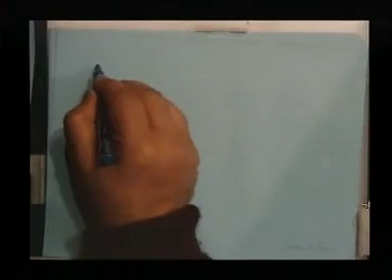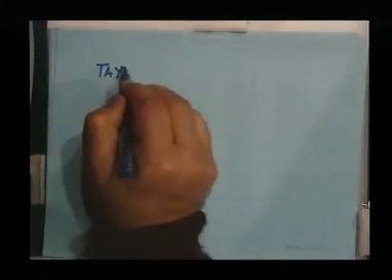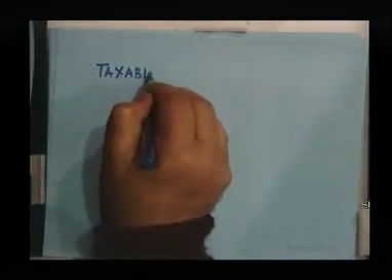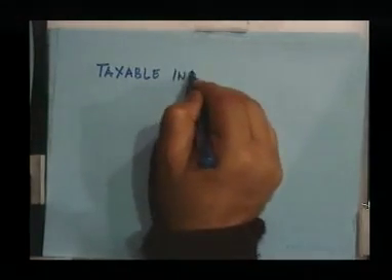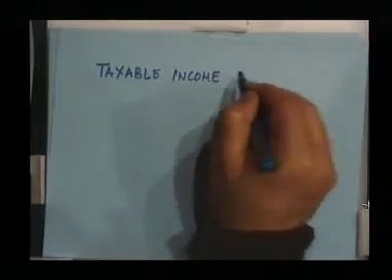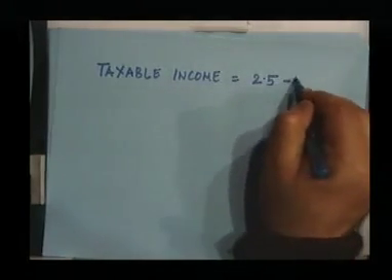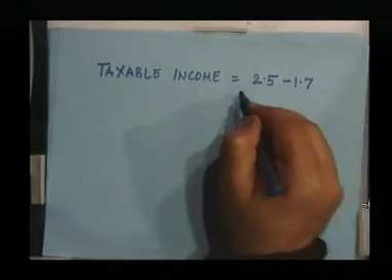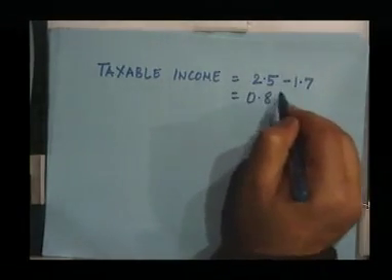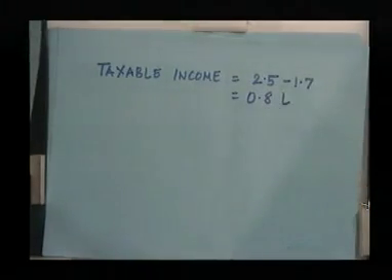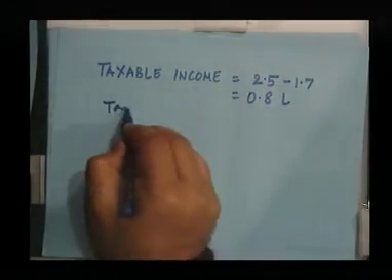So my net taxable income is equal to 2.5 minus 1.7, which is equal to 0.8 lakhs. Now how much tax do I have to pay?